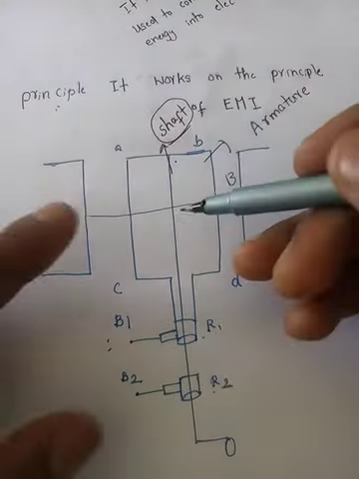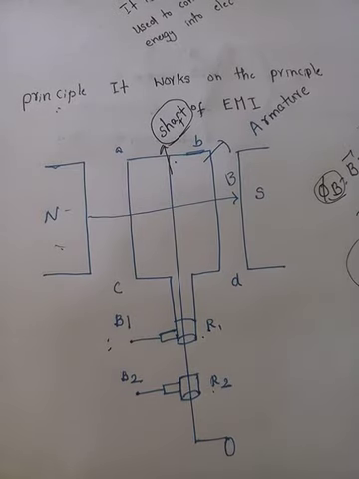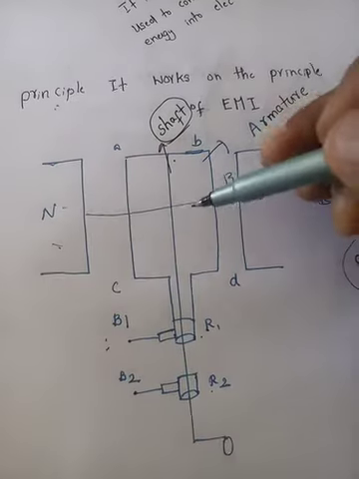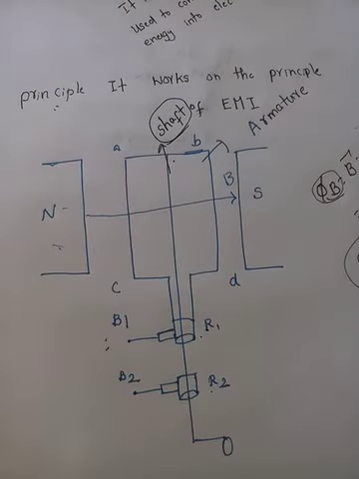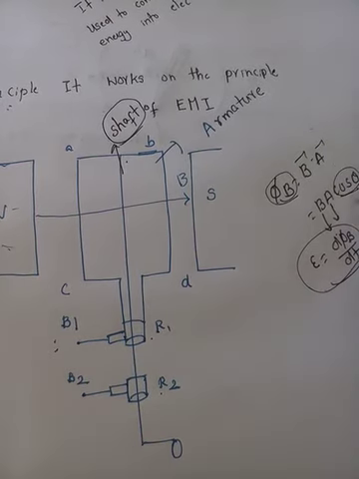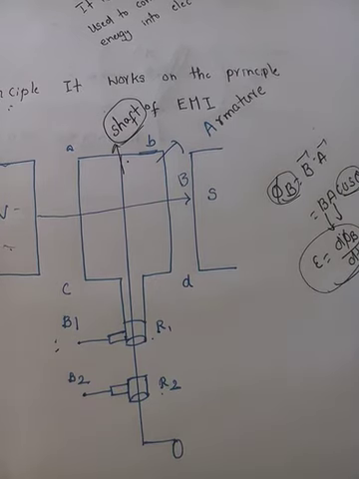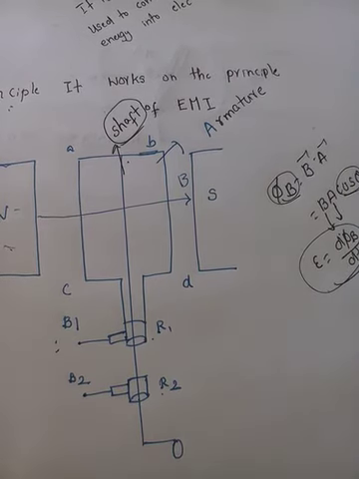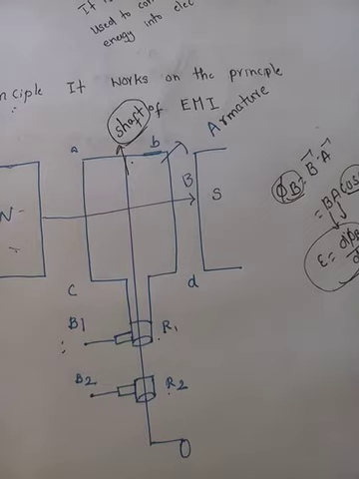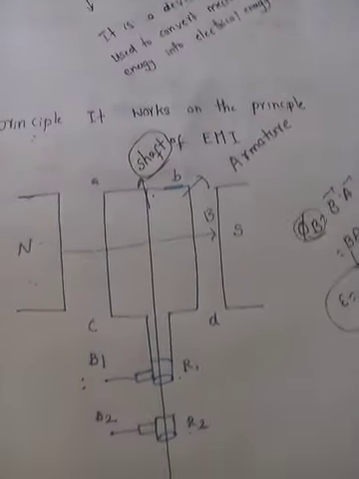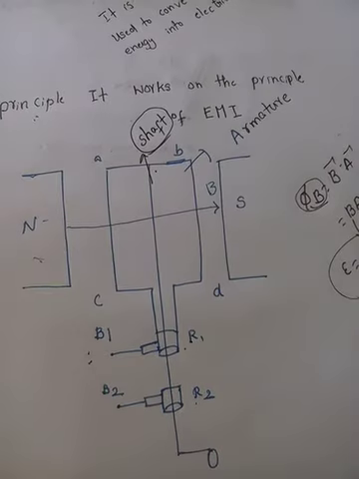If you rotate this coil in a uniform magnetic field with constant area of cross section, how is current induced? We know Phi B is equal to B dot A, BA cos theta. We change theta, and it induces EMF. Now where do we use mechanical energy? We use it to rotate this coil.